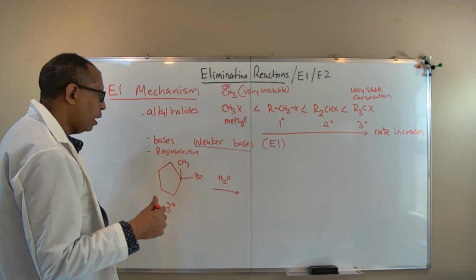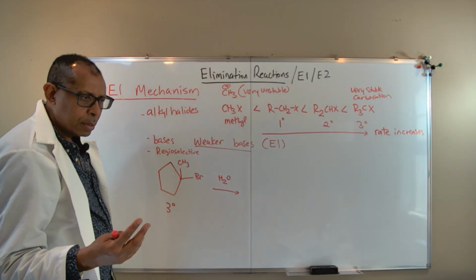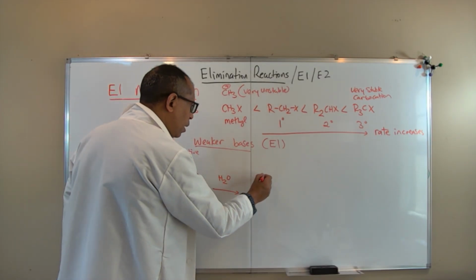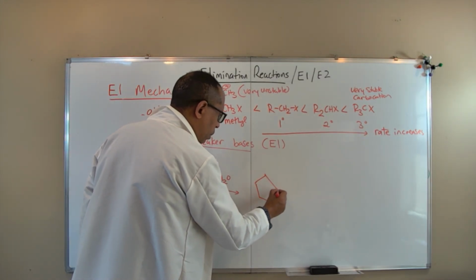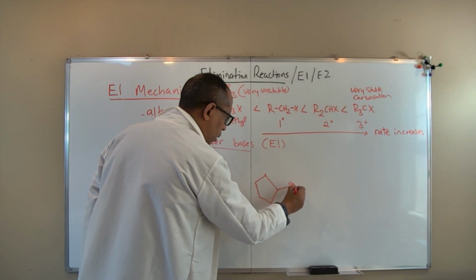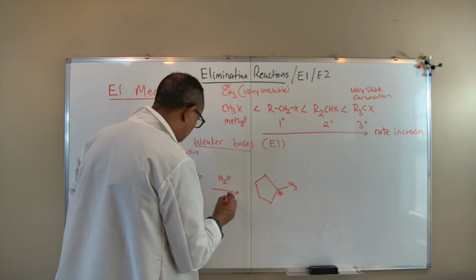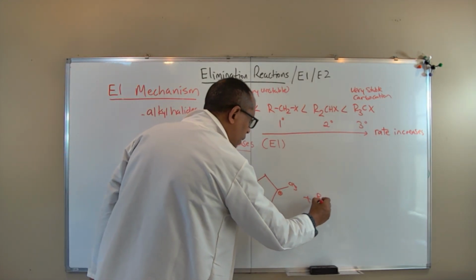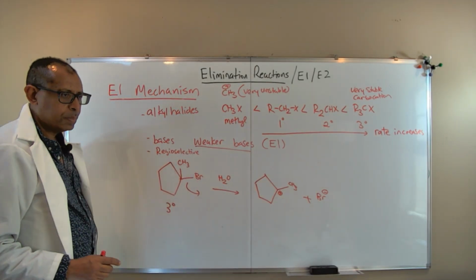Iodine and bromine are good leaving groups. So in the presence of water, first the slow step happens, which forms the carbocation. After bromine has left, you would have a carbocation formed like that.